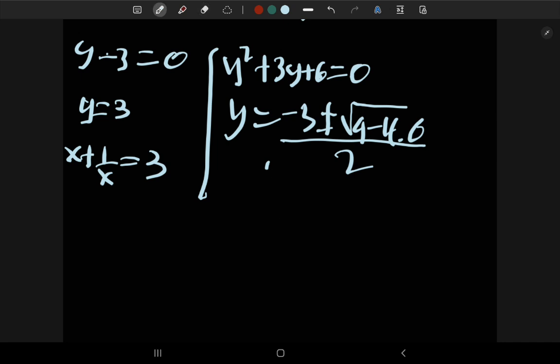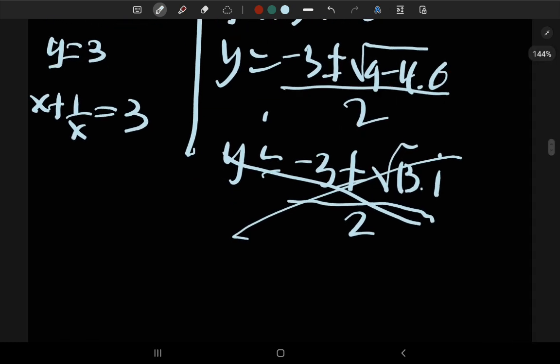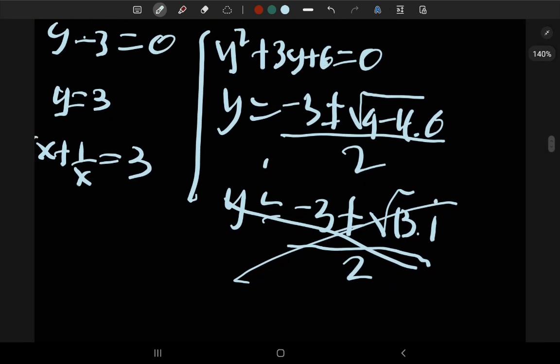We get y equals minus 3 plus or minus root 13 times i, where i is equal to the root of negative 1. That means this is not a solution. So our only solution is x plus 1 over x is equal to 3.